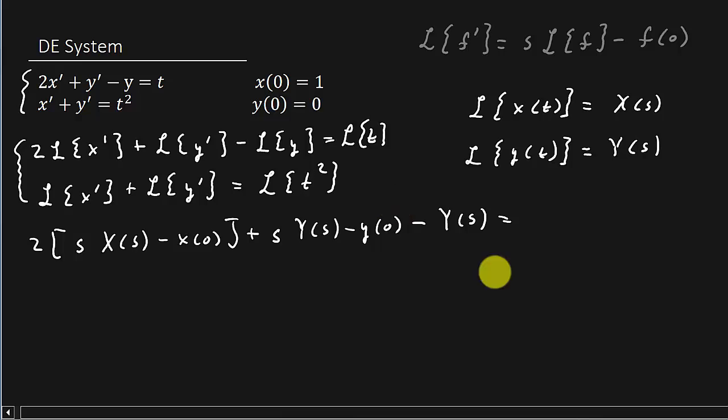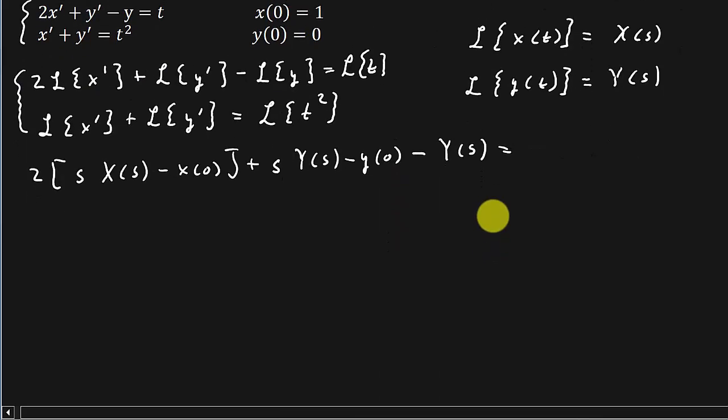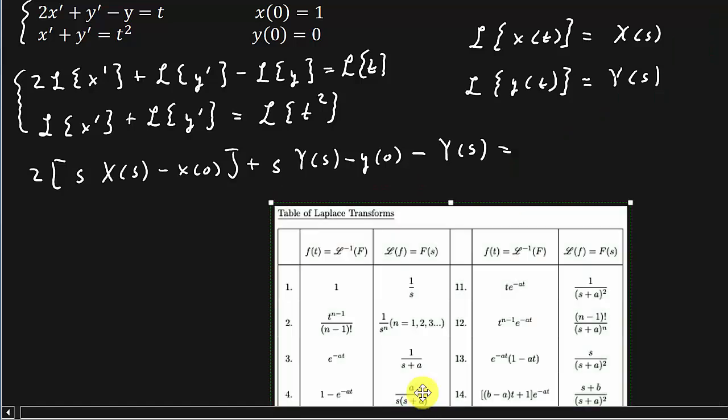Now, what is the Laplace transform of t? Okay, so let's bring our table over here. And you can see we're going to use this number 2 right here. I've got t to the first power, just a t, the Laplace transform of t.